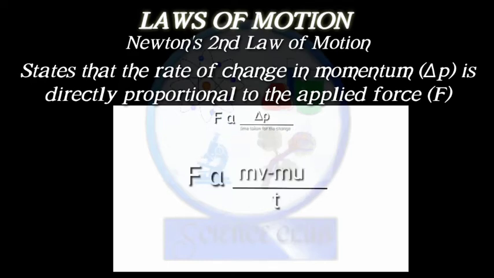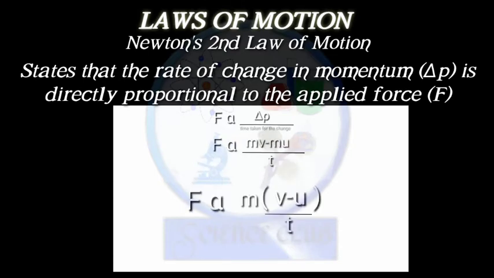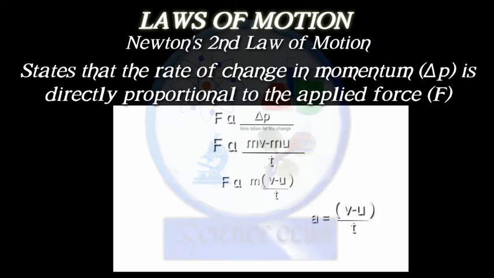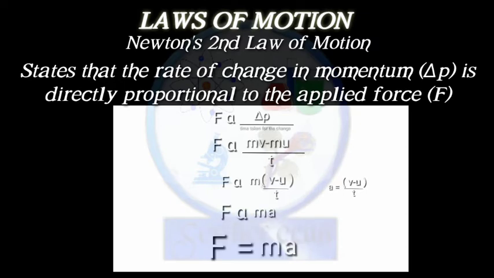Change in momentum is equal to mv minus mu. By simplifying, (mv minus mu) over t gives m times (v minus u) over t, and (v minus u) over t is equal to acceleration. Substituting for acceleration, force is proportional to mass times acceleration. The proportionality constant for this law is k equals 1, so therefore F equals ma.